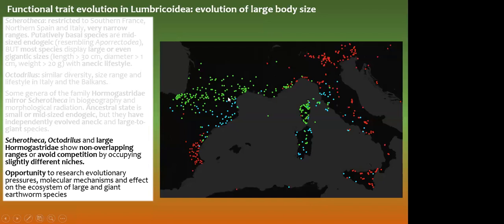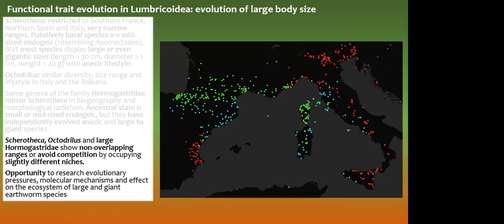So, interestingly, Scherotheca, Octodrilus, and the large Ormogasturidae show non-overlapping ranges. Octodrilus here, with some invasive here. This is Scherotheca, and this is the large Ormogasturidae. And when they coexist, they avoid competition by occupying a slightly different niche. They don't usually occupy the same niche.